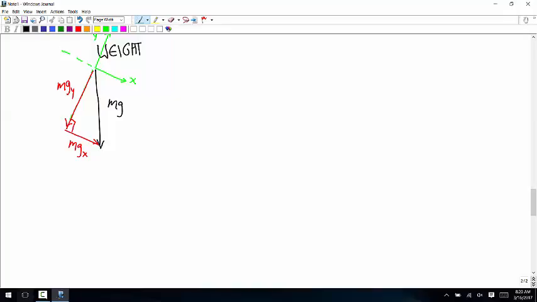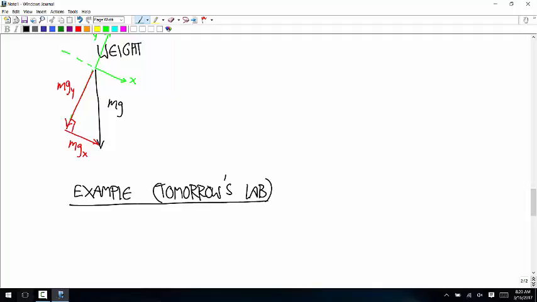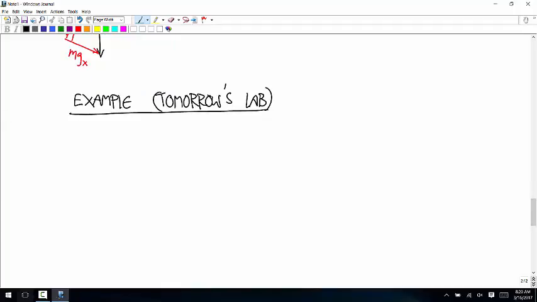All right, so let me do the example that we're going to use in lab. So let's say we have an incline of, let's make this 10 degrees. The angles and masses and stuff are going to be different tomorrow.